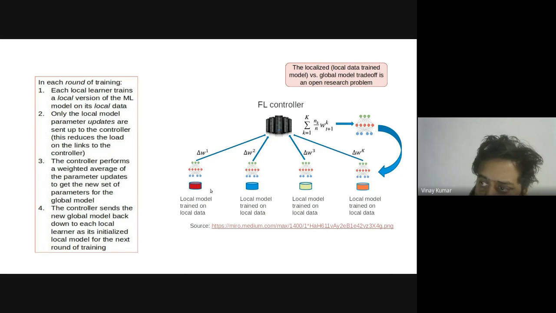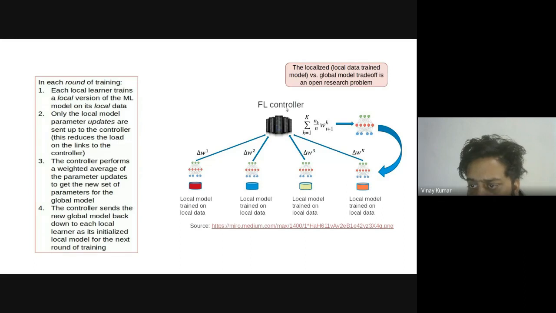Now every local model will have a different data set, as each will act as a party here. At the first iteration, this federated controller will initiate a global model.